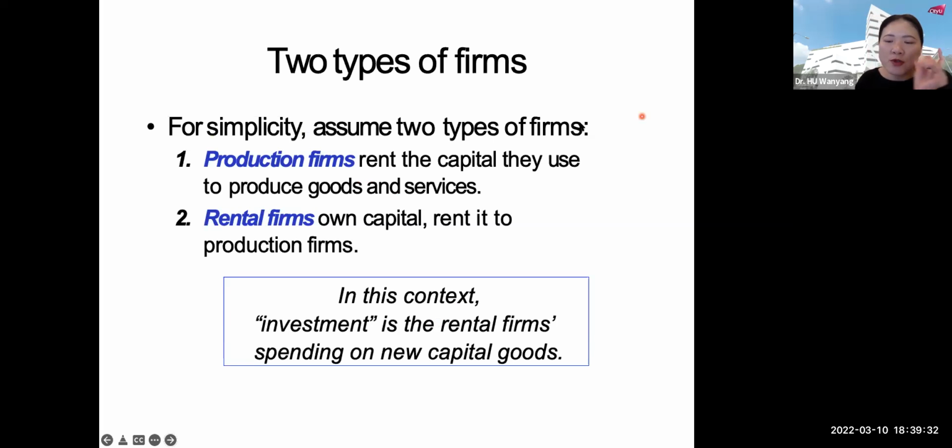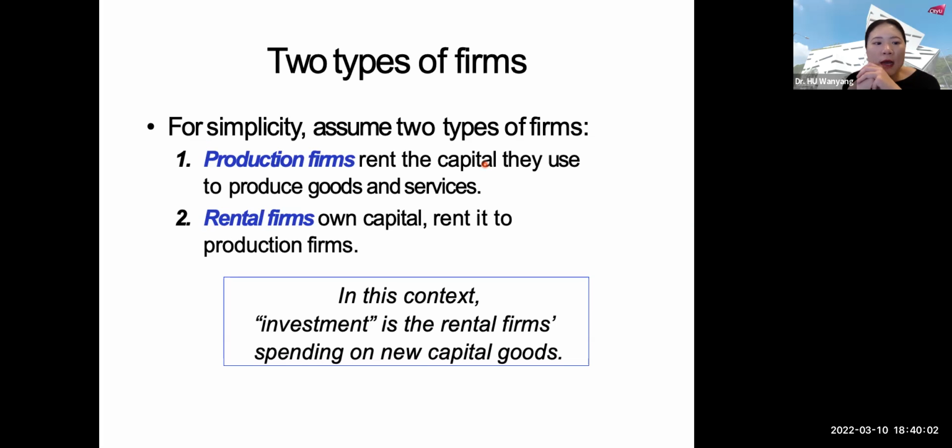Many of you may know that in economics and finance we have a lot of simplification like this, because we really want to track the most important elements in the model. We want to hold all the other factors constant, and then focus on what we are really interested in. This is the basic setting of a lot of economic and financial models.